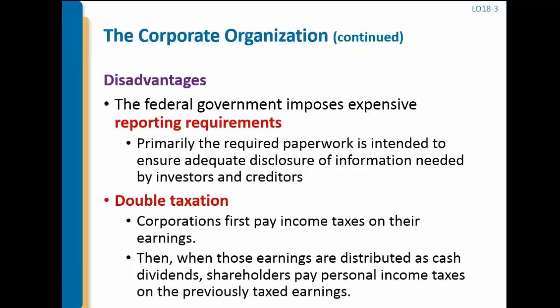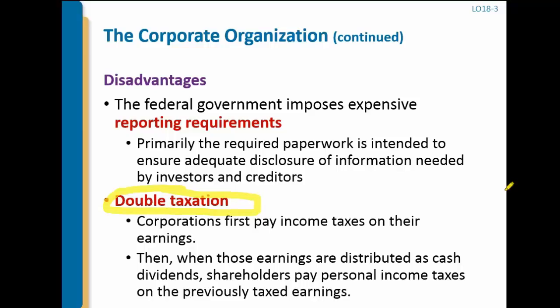reporting requirements, as well as, and this is the primary issue here, and it goes beyond the scope of this course, but we do want to talk about this, double taxation. What do we mean by double taxation?